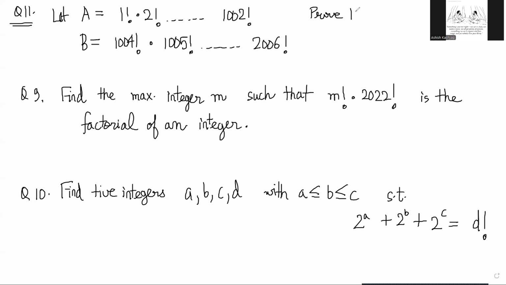Prove that 2ab is a square and that a plus b is not a square.